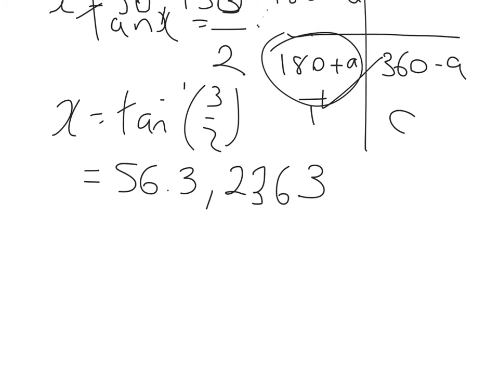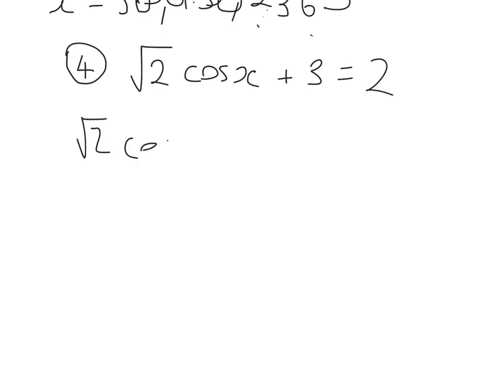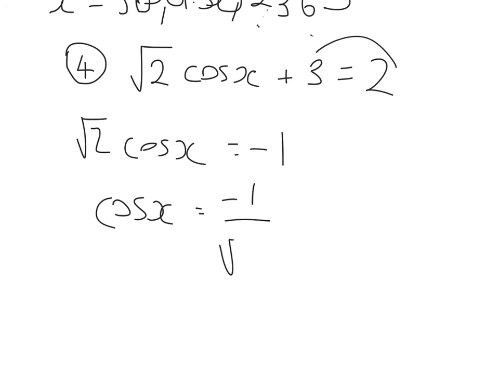Example 4, we've got root 2 cos x plus 3 is equal to 2. So root 2 cos x equals 2 minus 3, which is -1. Cos x is equal to -1 over root 2.